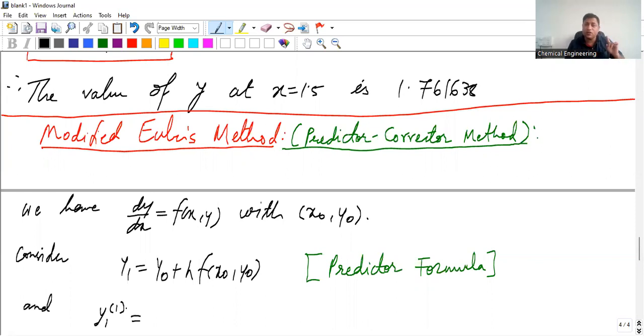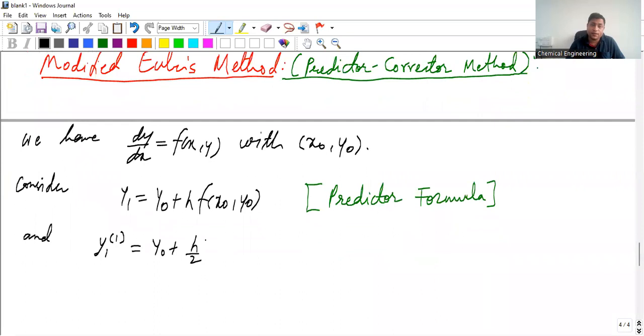So the first correction to y1 is y0 plus h by 2 times f of x0, y0 plus f of x1, y1.